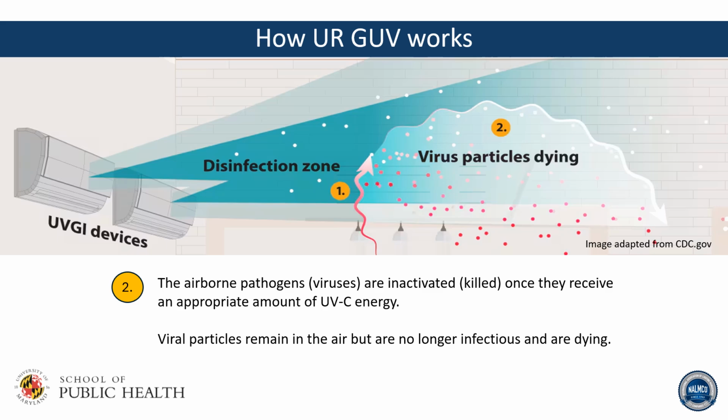The airborne pathogens, viruses for example, are inactivated, meaning killed, once they receive an appropriate amount of UVC energy. So these viral particles remain in the air, but are no longer infectious and will be dying off.